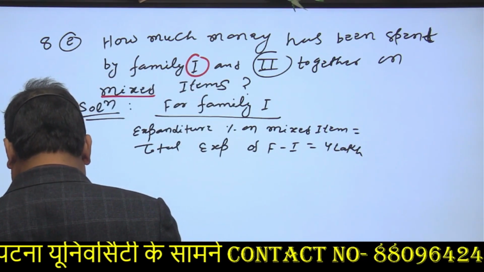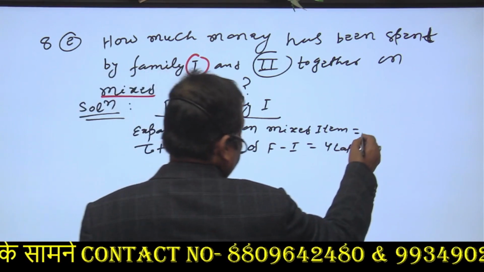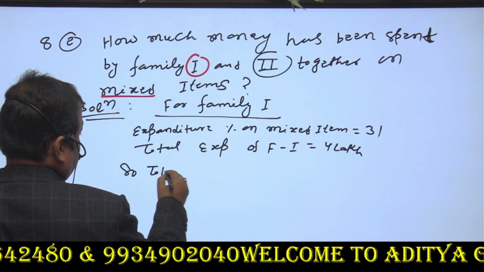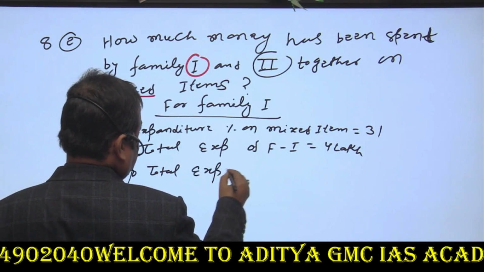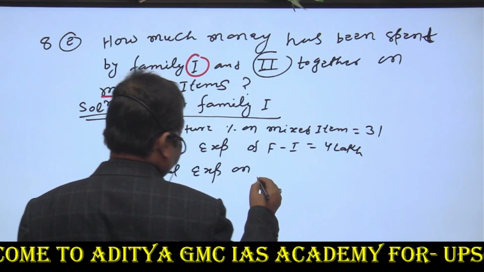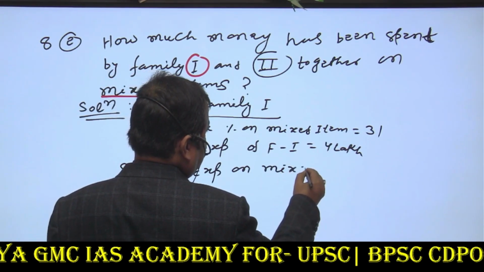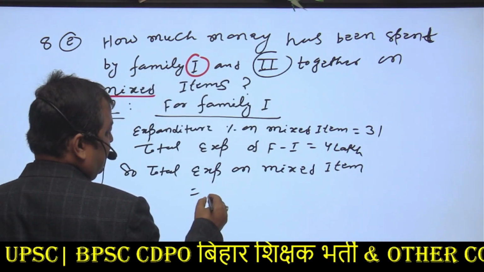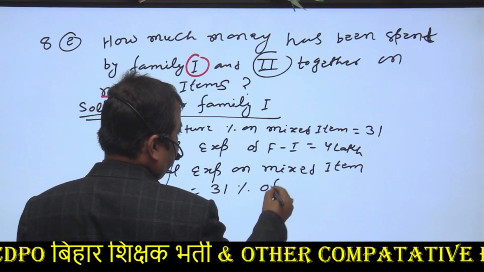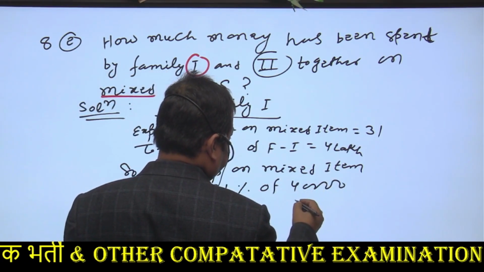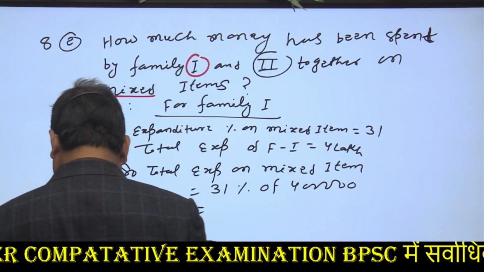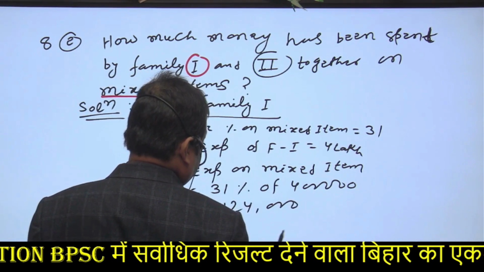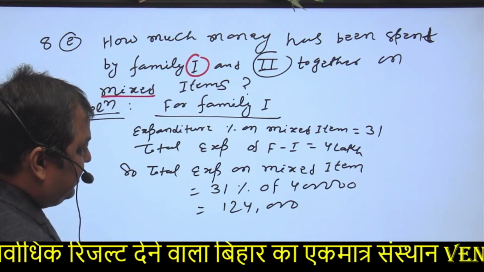So mixed item is 31%. So total expenditure on mixed item by family 1 is 31% of 4 lakhs equals 124,000. This process is done by calculator.